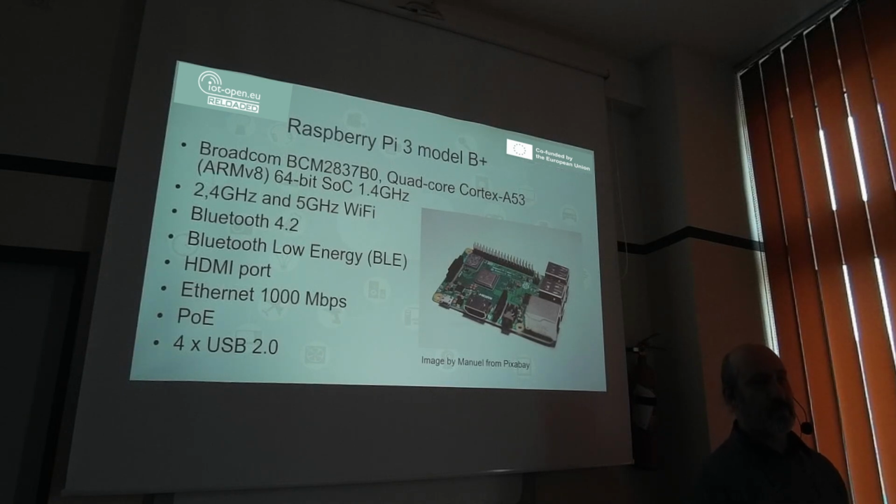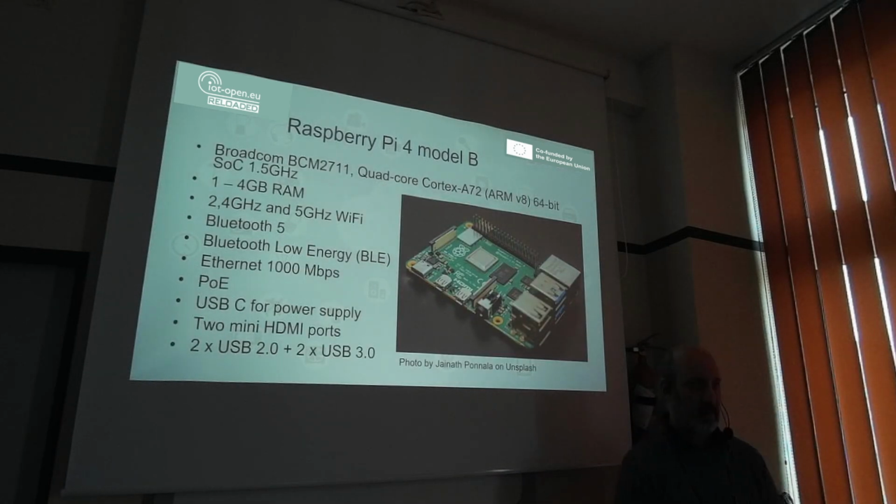Version 4.2 allows us to use the Bluetooth Low Energy protocol that is specially designed for IoT. So this can be a central point for different sensors that use Bluetooth Low Energy connectivity. It has also an Ethernet port, HDMI for a monitor, for example. It can be powered with a USB port or power over Ethernet.